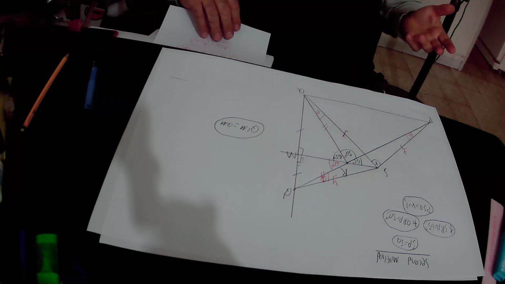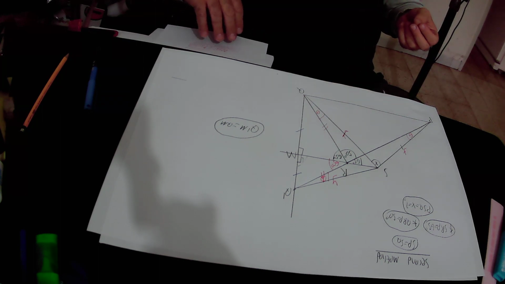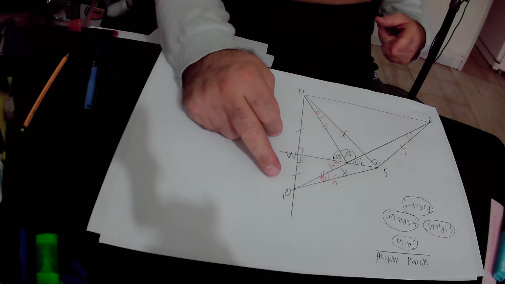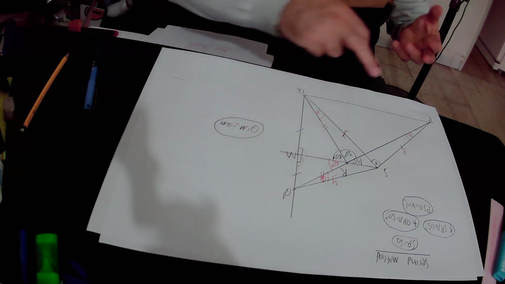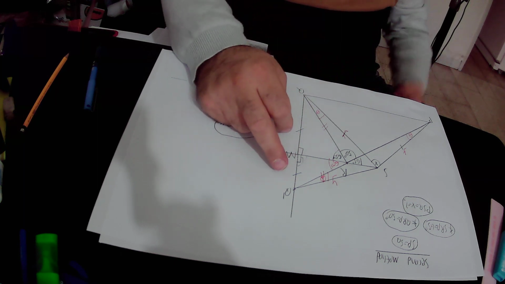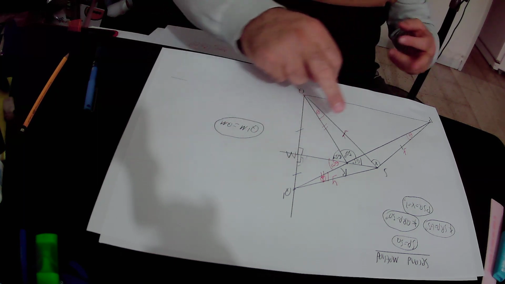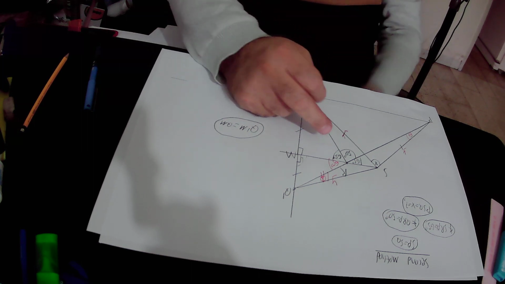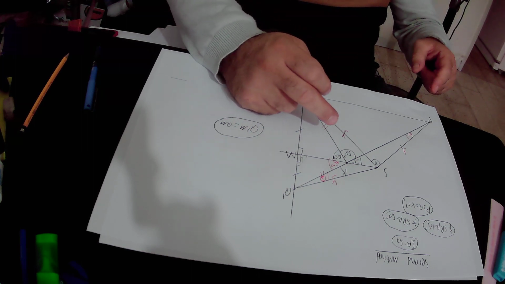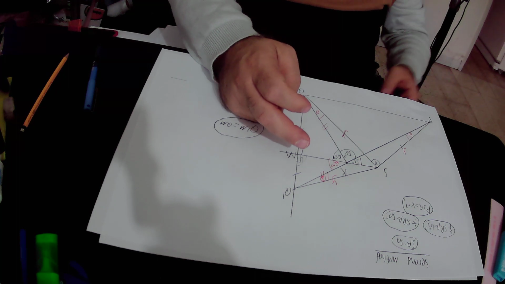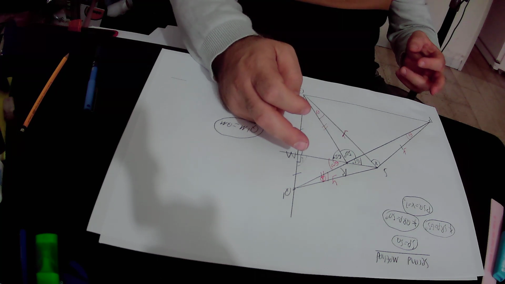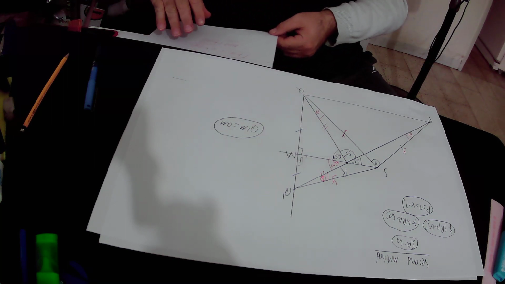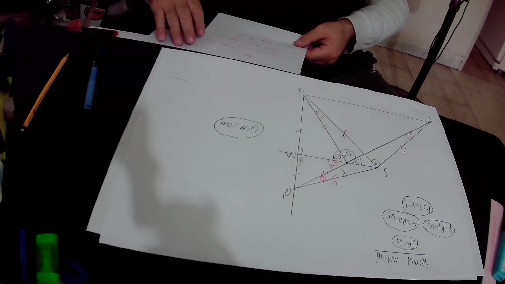That is in total 180 degrees. From the fact that angle PRQ dash is 180 degrees, we can conclude that PRQ dash is a straight line. If PRQ dash is a straight line, then PQ dash is a straight line. So PQ dash is a straight line.